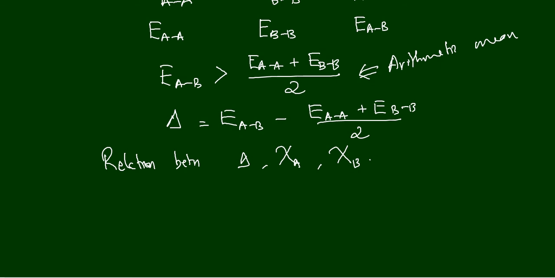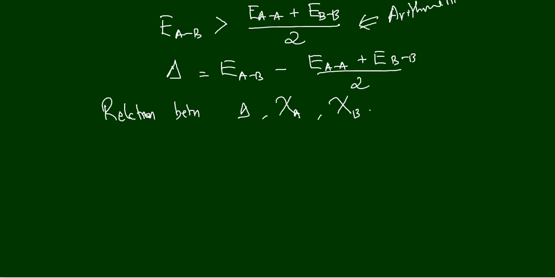So the relation between delta and chi A and chi B is that delta is equal to 23 into (chi A minus chi B) the whole square. Okay, that is a relation.